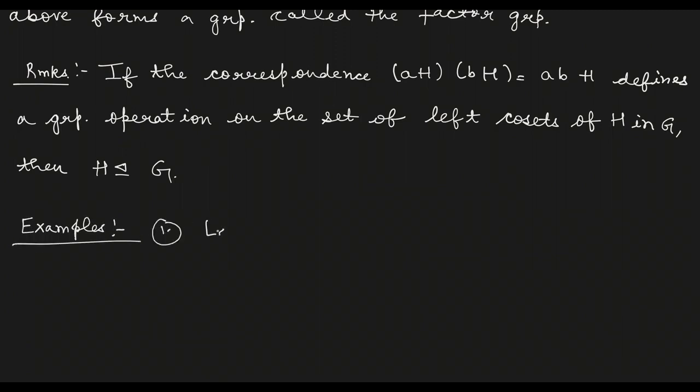First, group G is the set of integers and the subgroup is 4Z. So what will be G by H?